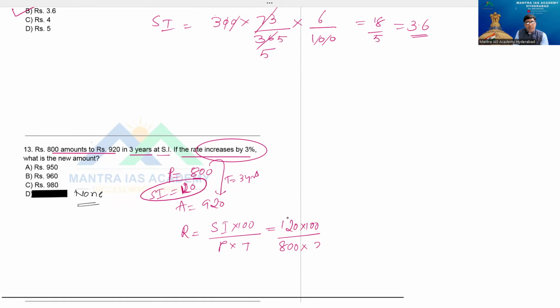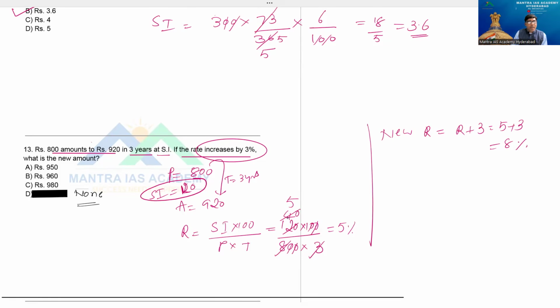Time, Baba, is 3 years. The first part, the zeros get cancelled. 8 5s are 40, so the rate is 5%, beta. Now the new rate is equal to R plus 3, that is 5 plus 3, which is 8%.